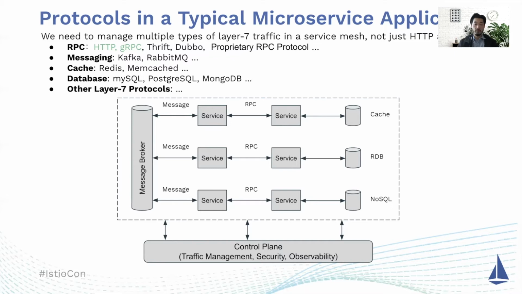In a large organization, you may even have your own proprietary RPC protocol. These services may also send and receive messages via a message broker, such as Kafka or RabbitMQ. In terms of cache, we have Redis and Memcached. We also have RDB and NoSQL databases like MySQL and MongoDB, etc.